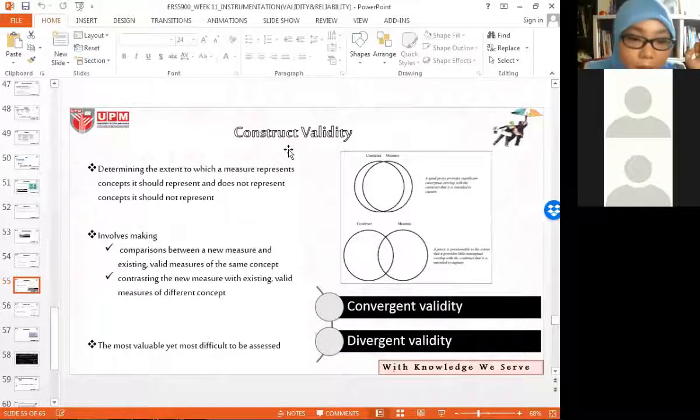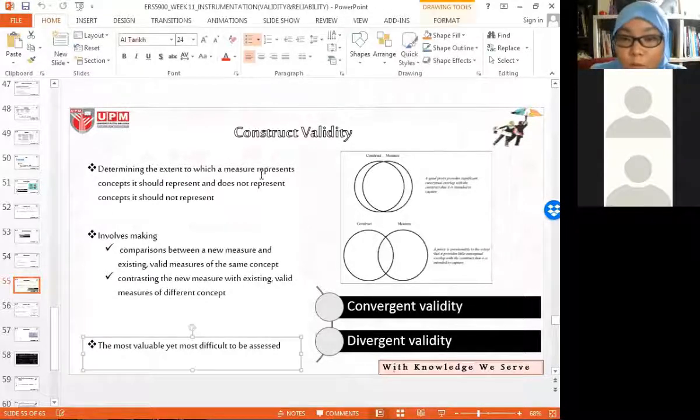Okay, it contrasting the new measure with existing valid measures of different concept. Okay, kalau dalam concurrent, okay, the similar instrument ni they correlate, but this one in construct validity they will compare between two quite similar instrument ni. Okay, the most valuable yet most difficult to access. So construct validity ni instrument the type of validity yang paling sukar untuk diukur.